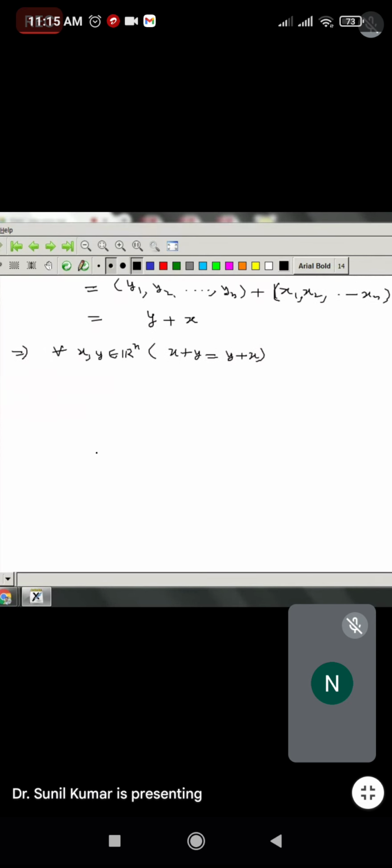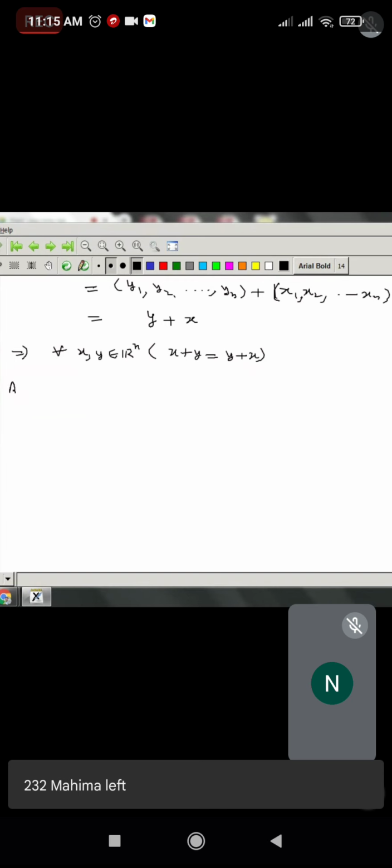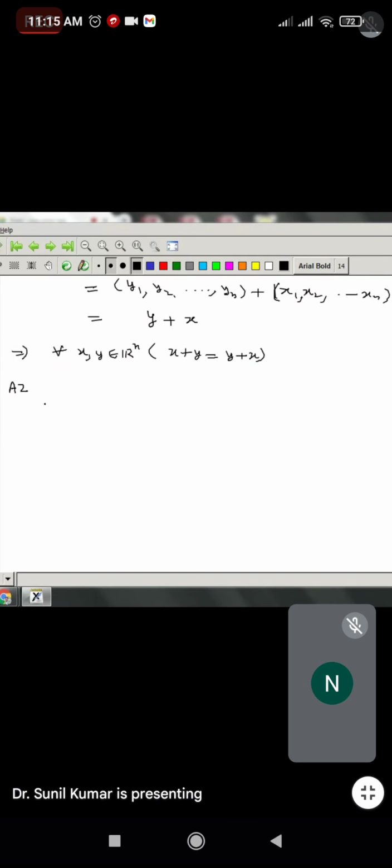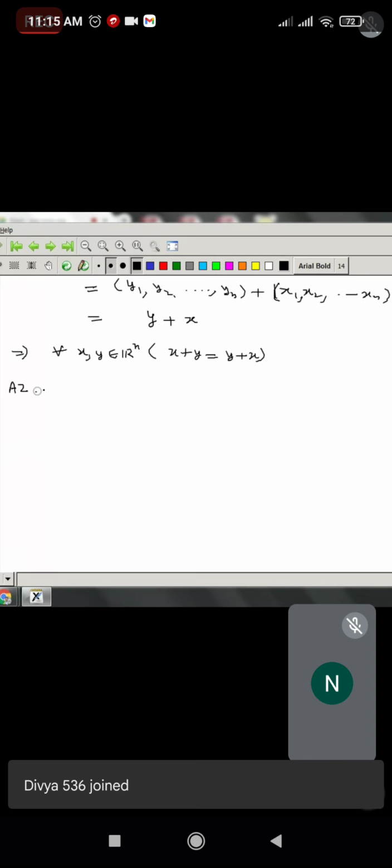Okay. So what is the next property, A2? Associativity under addition. Can you tell me how we can write this?